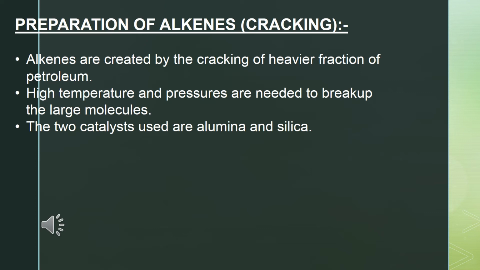So the alkenes are prepared through cracking, in which the heavier fractions get converted into lighter, smaller fractions, and for that we require very high temperature and pressure to break the large molecules. Because this reaction takes a lot of time, we add catalysts, usually alumina and silica, whose function is to speed up the reaction.